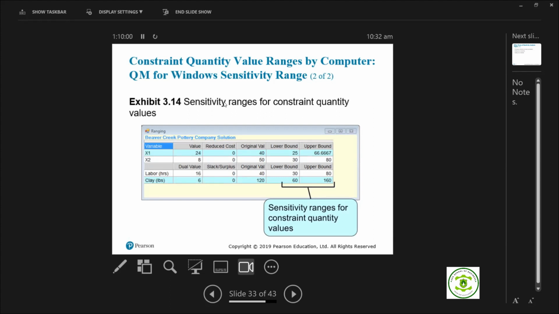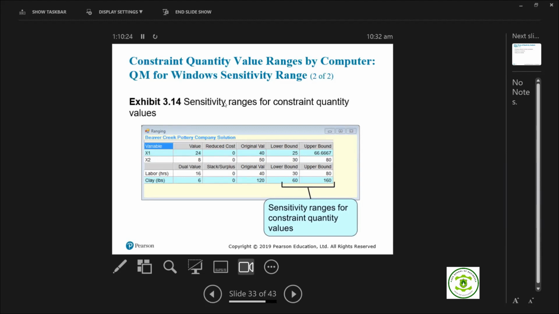Now, if you were to use this one, if you look at this, this is the sensitivity analysis report for Excel QM for Windows.